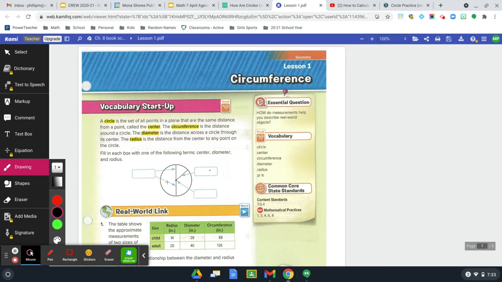But remember, in the video and on your sheet, you should have identified that center point on that circle as your center. And then it talked also about radius and diameter. Your diameter is where that line goes from one end of the circle all the way to the other end. Again, that's your diameter.